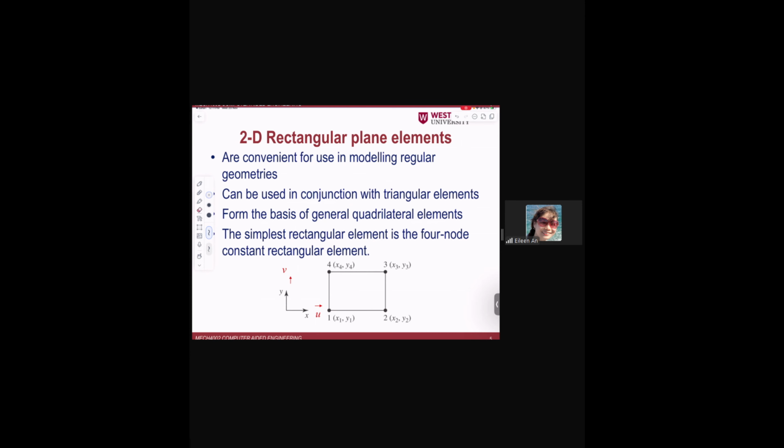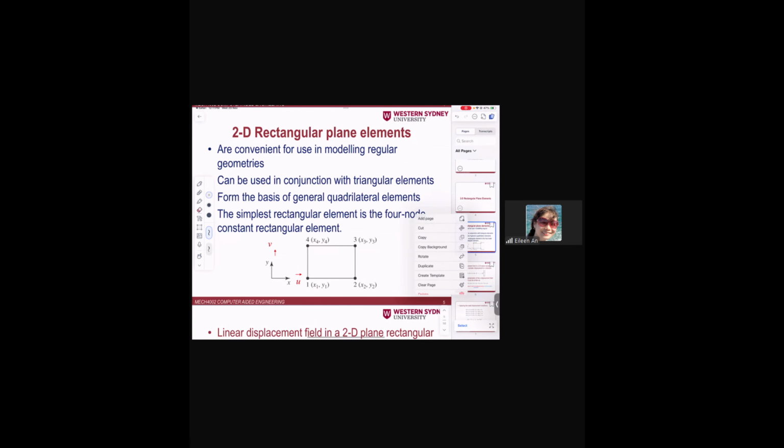For example, we have a 2D problem, like what we practiced last week, just a very thin plate, a rectangle plate. Remember last week when we solved this problem, we broke down this structure into two triangle elements, right? The first one and the second one. And recall how we derived those matrices.